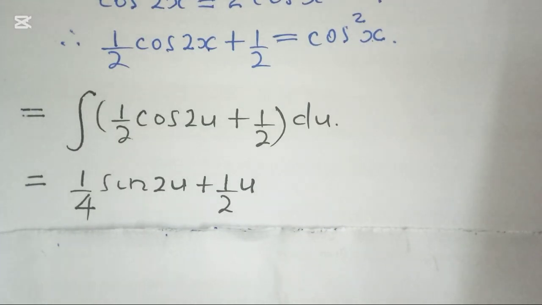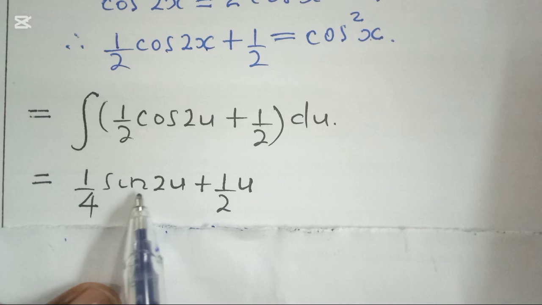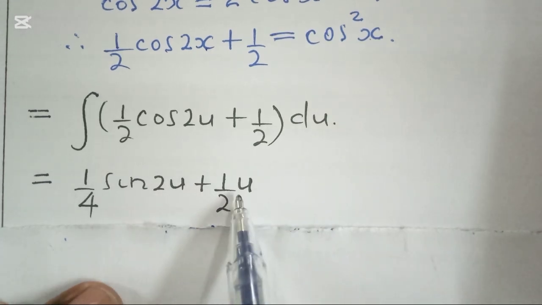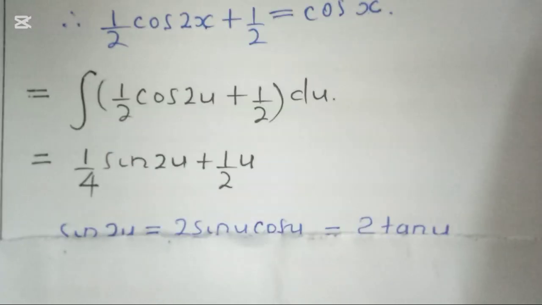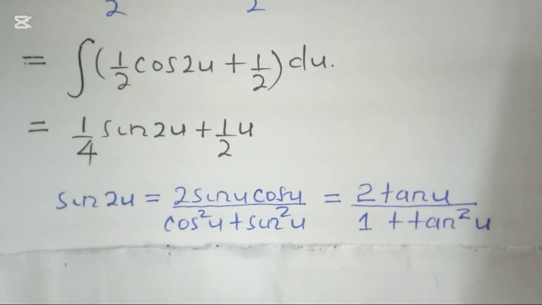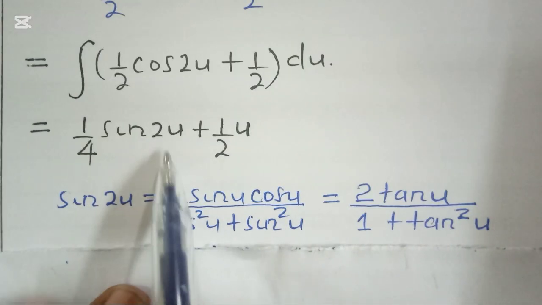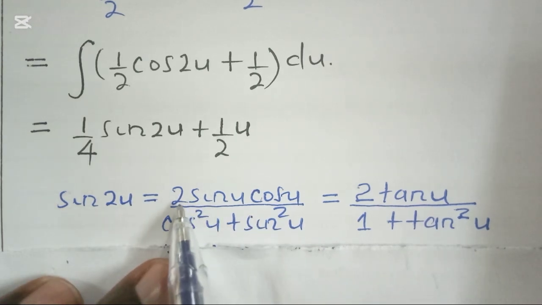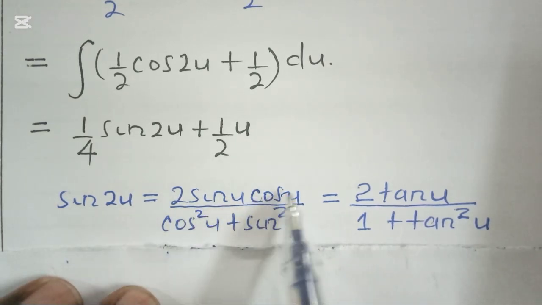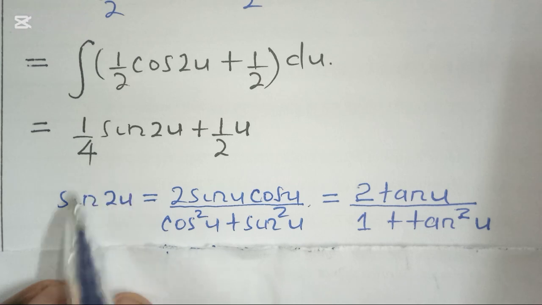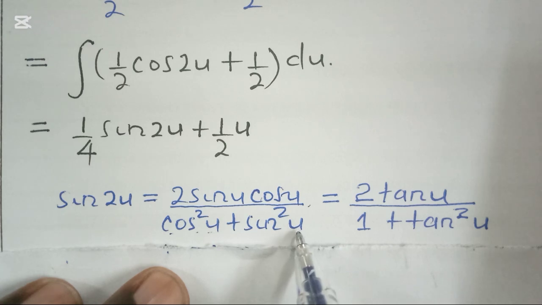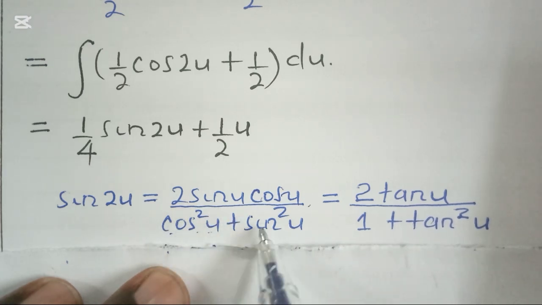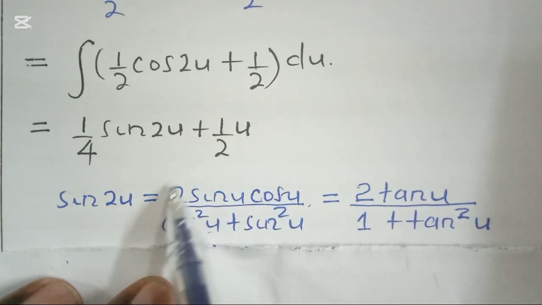From there we can now replace for sine 2u and u. Sine 2u is written as 2 sine u cos u. But now we also have this trigonometric identity, which gives us 1, and we have put it there so that we can turn these terms into tan.